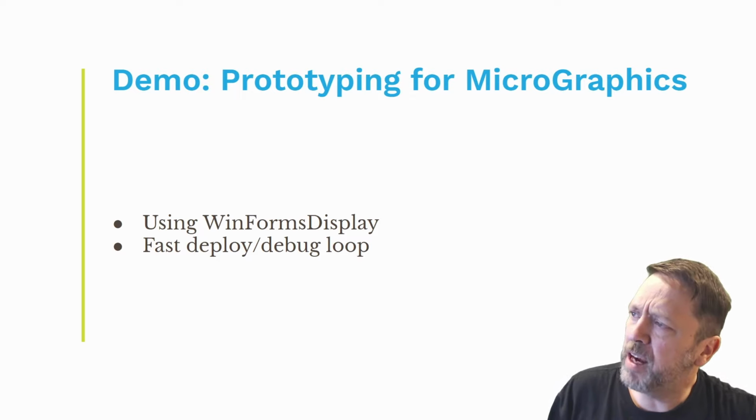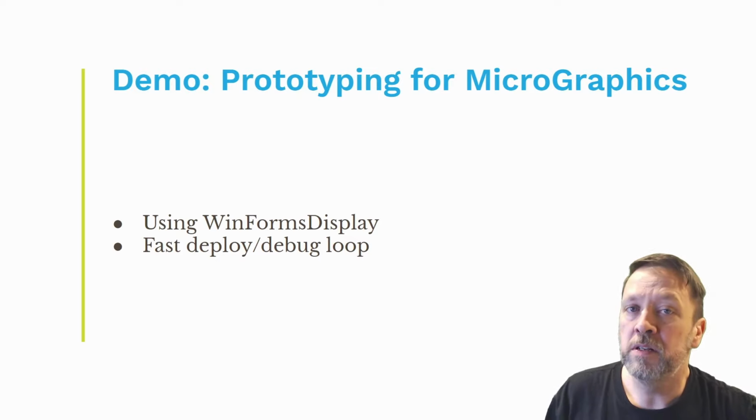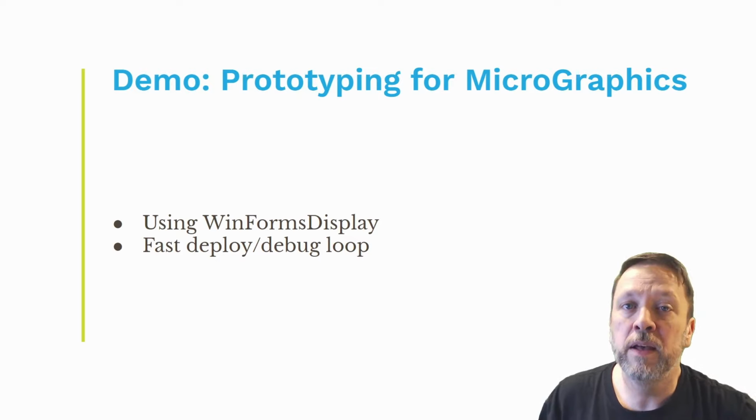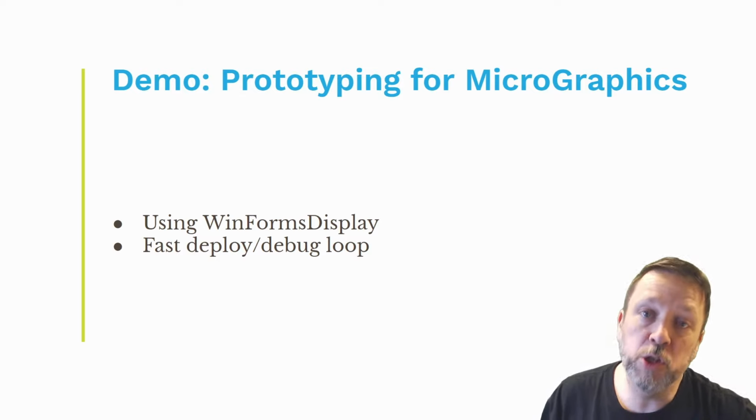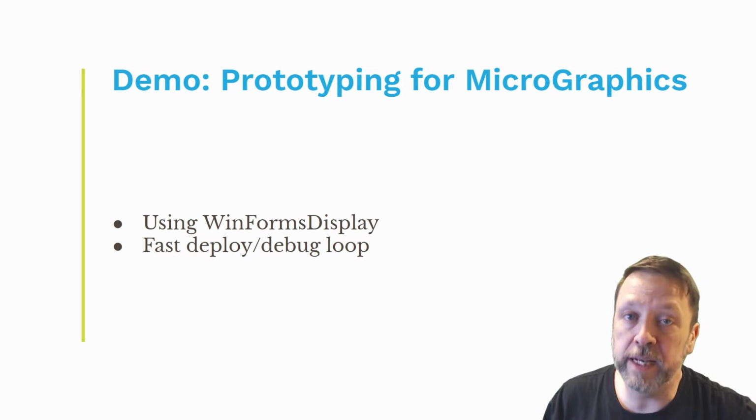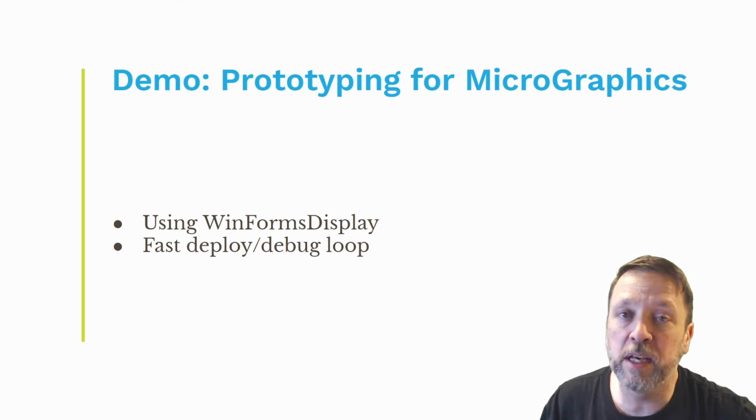So if you've got an application and you're using MicroGraphics on an F7, deploying and debugging tends to be a long iteration process. That development cycle from change, deploy, test, debug tends to be very long because you're deploying application binaries down to the device.